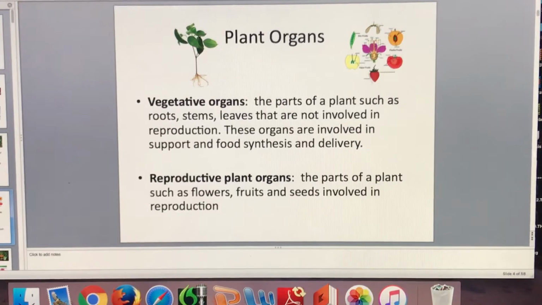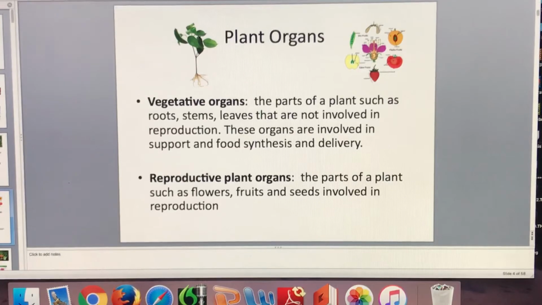Okay, so let's look at some organs in plants. We have 2 categories of organs. We have the vegetative and the reproductive plant organs. So the vegetative organs would be the parts of a plant which would include the roots, the stems, and the leaves.